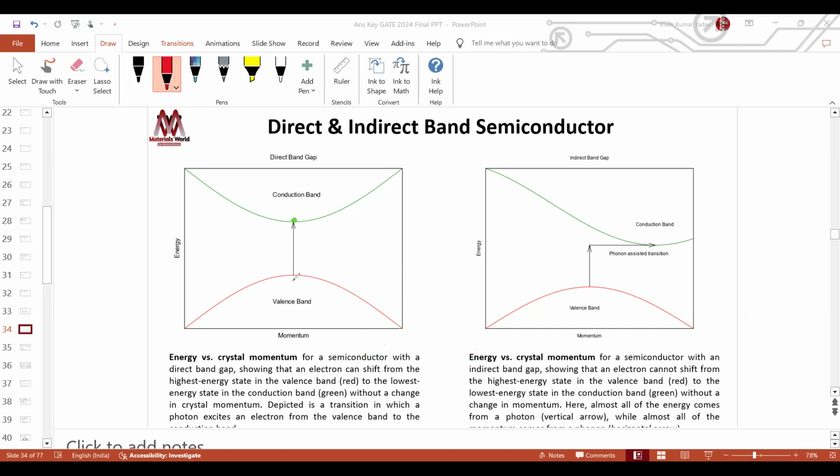If my electron wants to jump here, it will become a hole, and here it becomes an electron. It's simple: in your semiconductor crystal, one atom is here, one atom is there. An electron can go from the outermost shell, the valence shell, and occupy another energy state where it is free, and it can roam around the crystal.